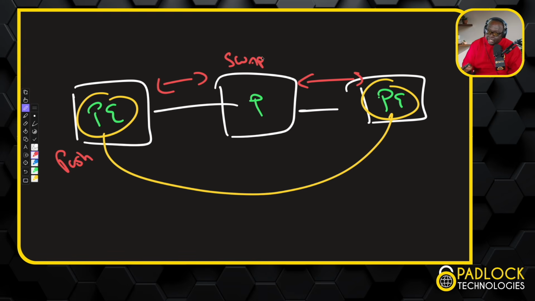Now, in this diagram, this P router will do something called a PHP, penultimate hop popping. All right. So if you want to know, from an MPLS L3 VPN standpoint, when traffic comes in here, you usually are going to have a service label or a VPN label on top of the packet. So this is your IP packet here, the VPN service label, which has a lot more data in it.